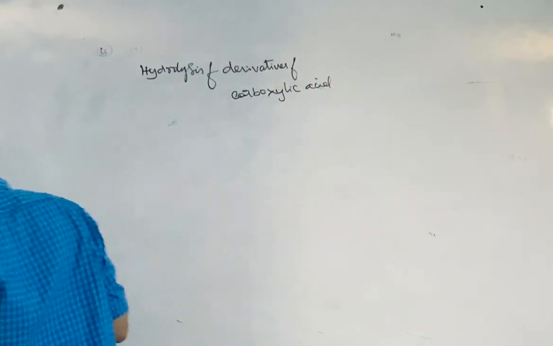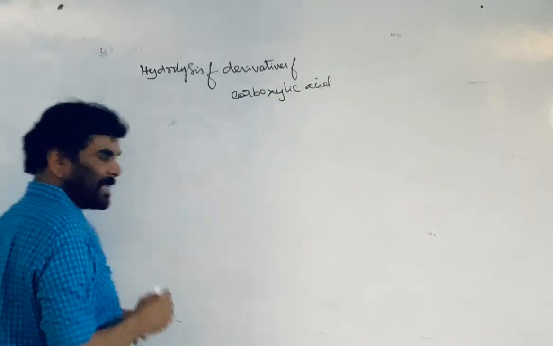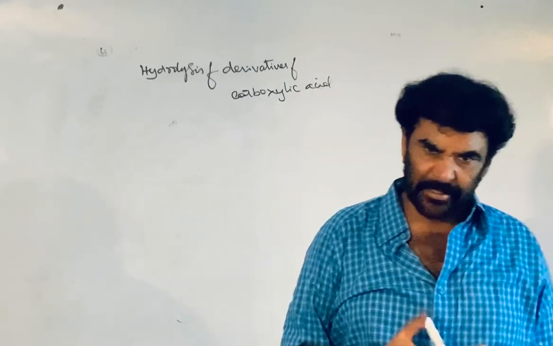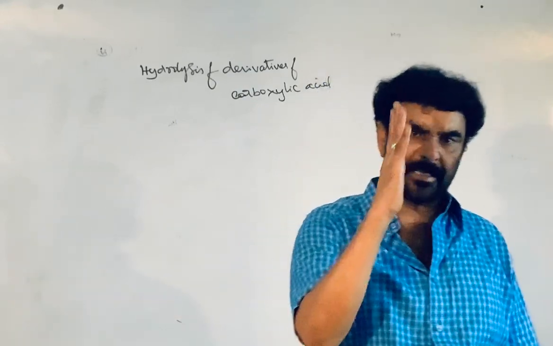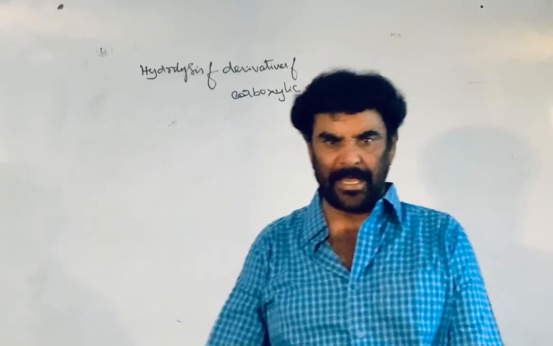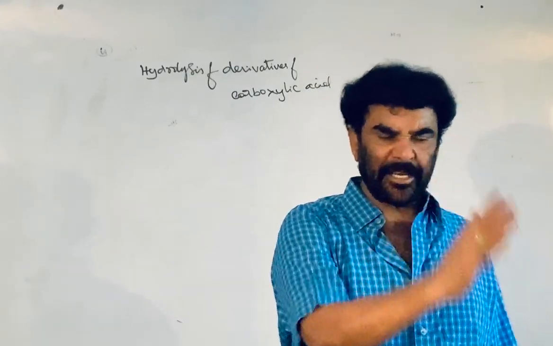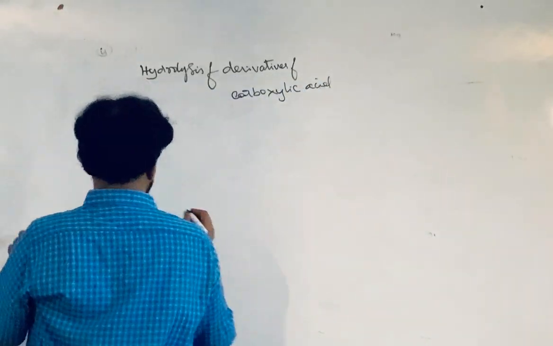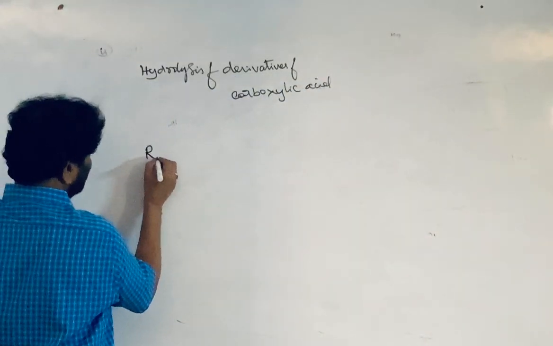See, I always write the derivatives: acid chlorides, acid anhydrides, amides, esters are considered as the derivatives of carboxylic acids. The characteristic reactions are that they take part in the SN/AC reactions. So that is the derivatives of carboxylic acid.